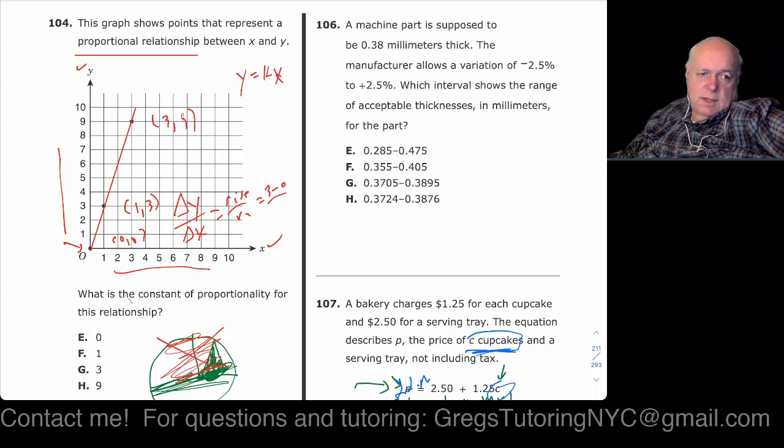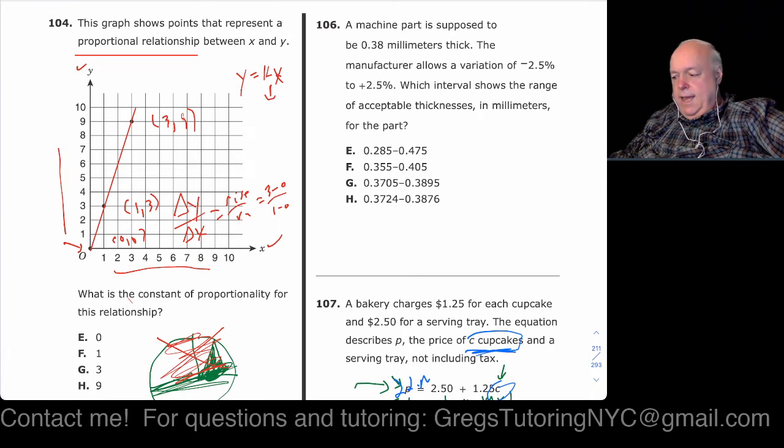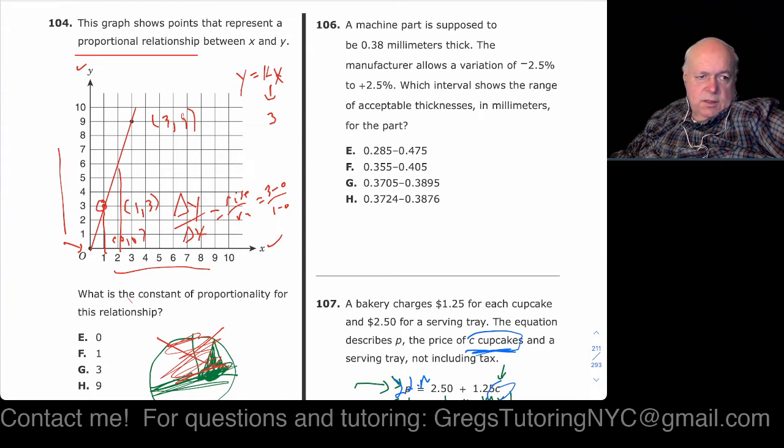We get 3 over 1, so we get the constant of proportionality is 3 then. And we can confirm that because basically 1 matches 3 here, 2 matches the 6, and 3 will match the 9. Okay, so they all jive through that.